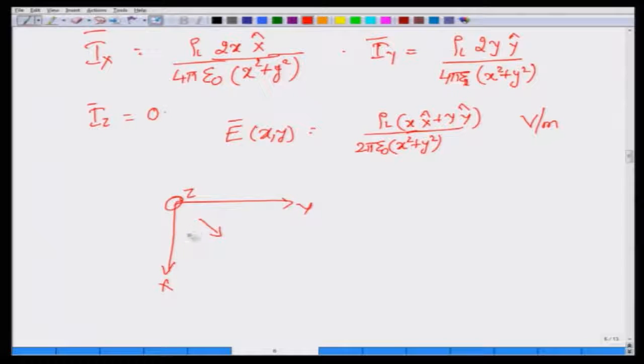Okay. So, you can actually see that the direction of the electric field is always what we call radially away from the line. What is happening to the magnitude of the electric field? Well, the magnitude of the electric field is obtained by looking at the magnitude of this particular vector.